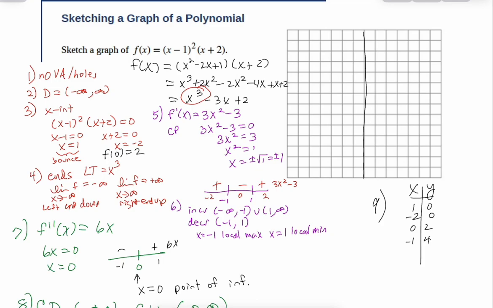So step 9 is plug in some points and get it ready to graph. Okay, so at 1, we're at 0. At -2, we're at 0. At 0, we were at 2. At -1, we're at 4.